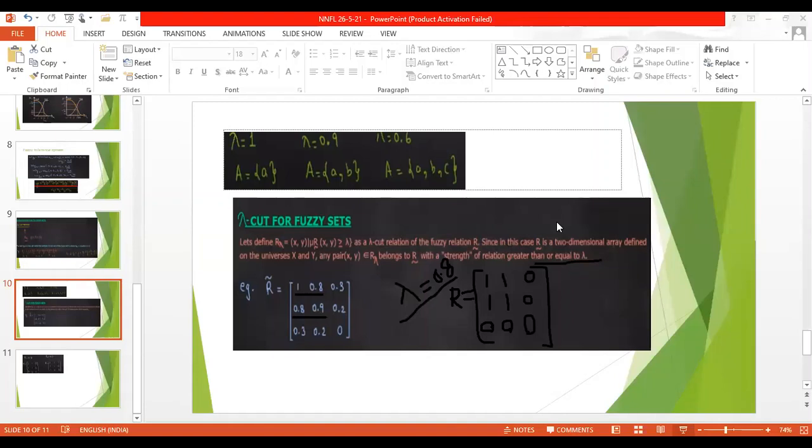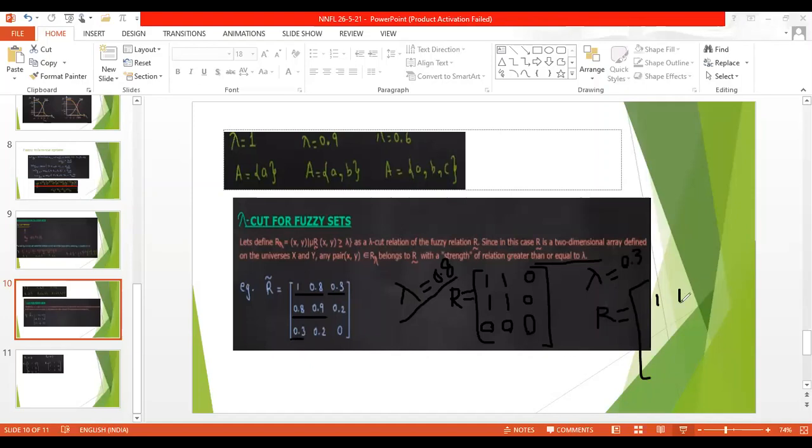For lambda is equal to, suppose lambda is equal to 0.3. Okay. So in that case, your R can be written as, for all the values equal to or greater than 0.3, you need to mention as 1.